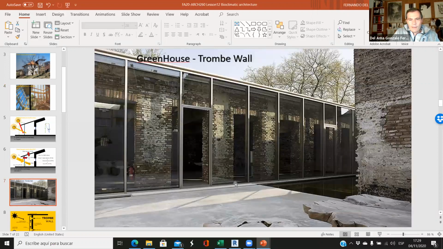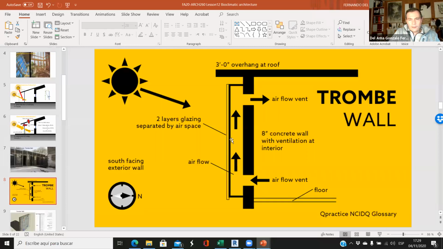This is a gallery. Do we have enough space here just to walk? Well, I don't know. With a Trombe wall, we don't have any space here. A Trombe wall is a thick wall, and we have attached glass here.